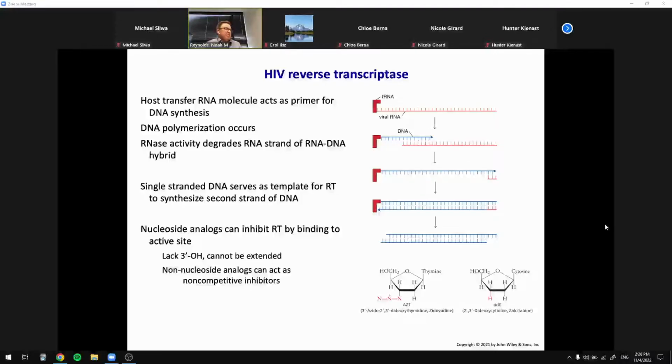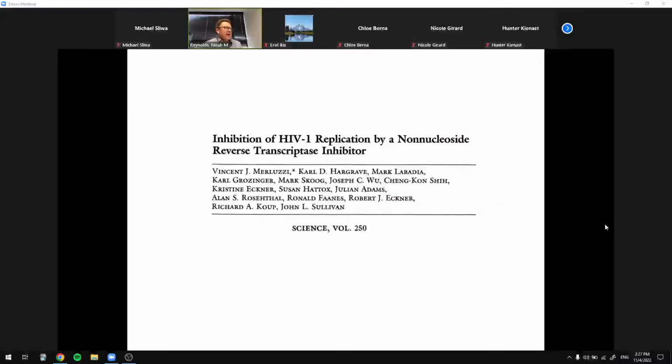But people develop resistance really easily to that, or the HIV reverse transcriptase can develop resistance to that. And so people started looking for non-nucleoside analog drugs. And that brought us to this paper that we looked at in class.